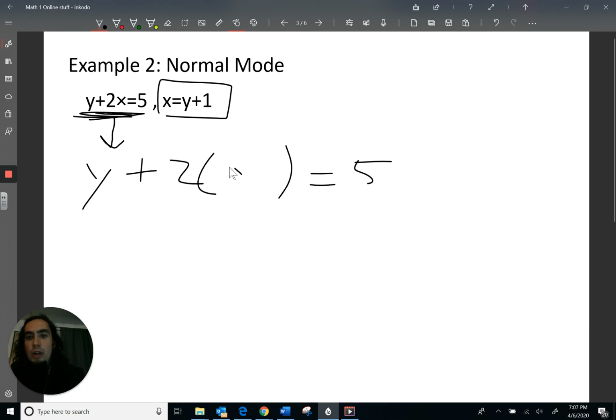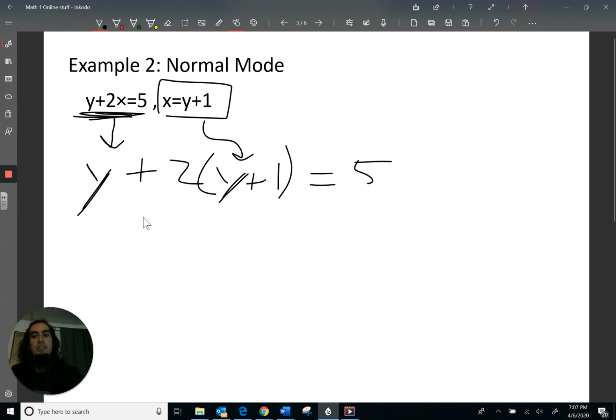I didn't actually write x here. I don't actually want to put x there. I want to put what x is. And I know from here that x is y plus 1. So that is what I'm going to put here. I'm going to put y plus 1. So now I've got 5y plus 2 times y plus 1 equals 5. All right, that's the substitution.